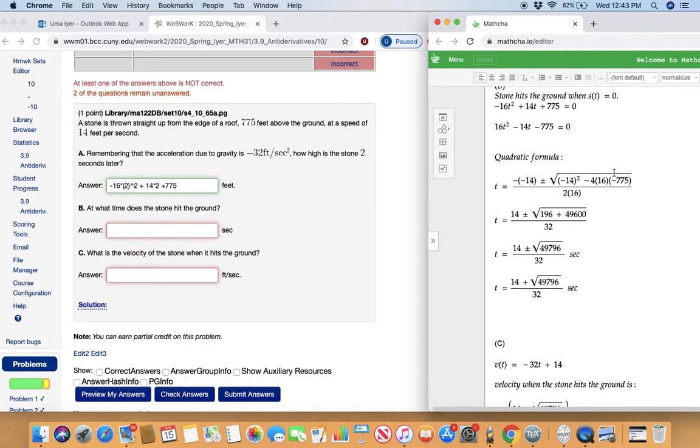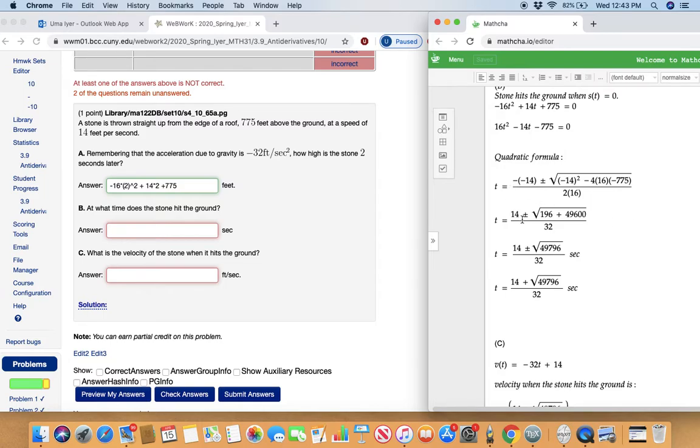Okay, keep track of signs. C has a negative, B has a negative. All of that over 2a. Okay, so that's good.